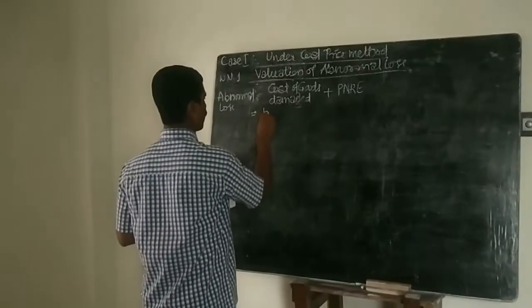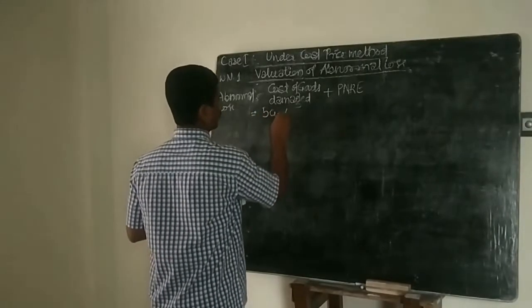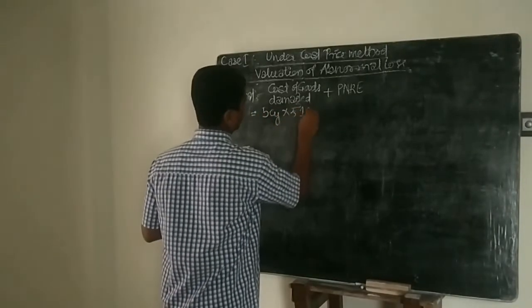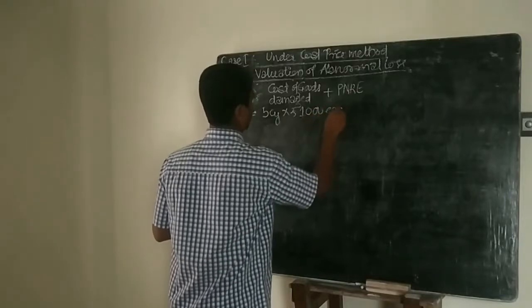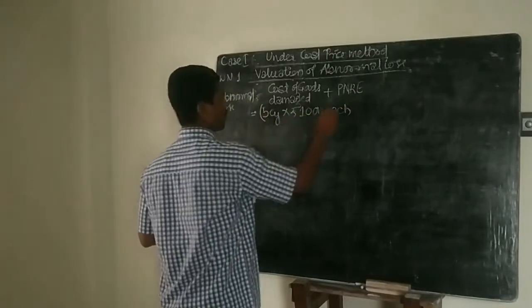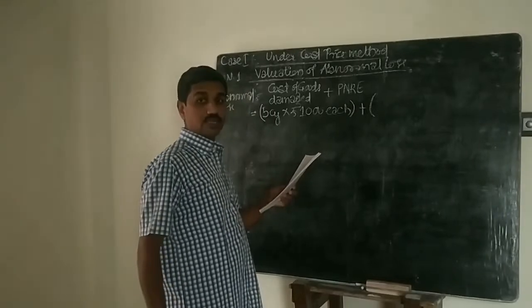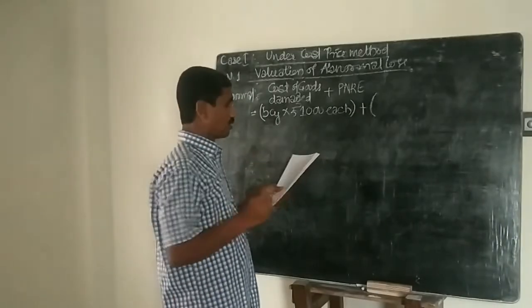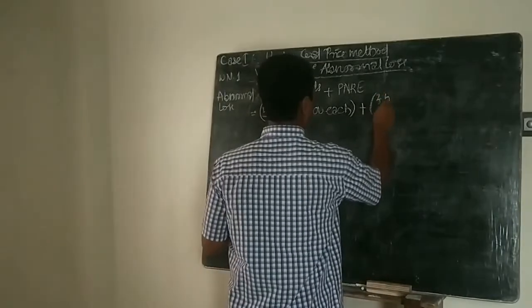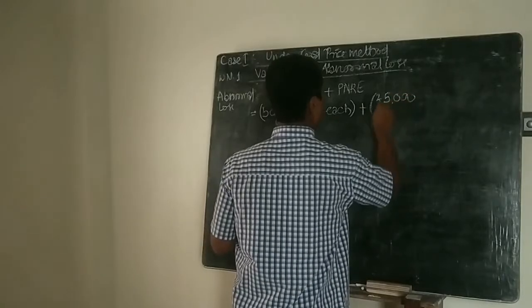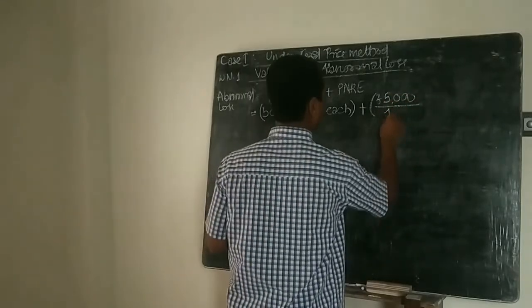So 5 cycles into rupees 1000 each, because this is the cost price, plus the total non-recurring expenses incurred by the consignor, which is rupees 5000. So 5000 for how many cycles? 100 cycles.